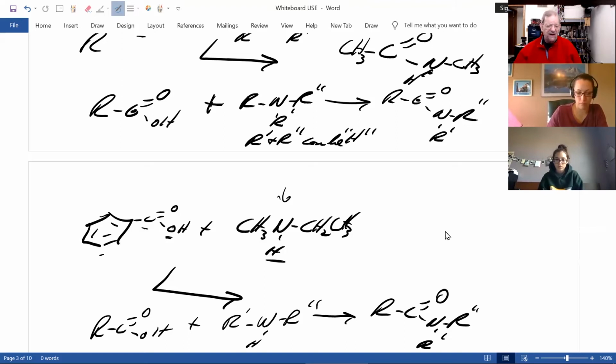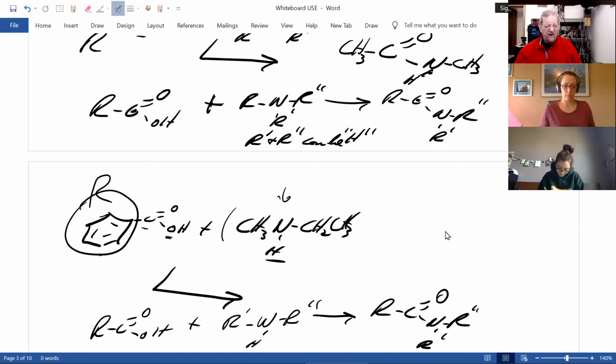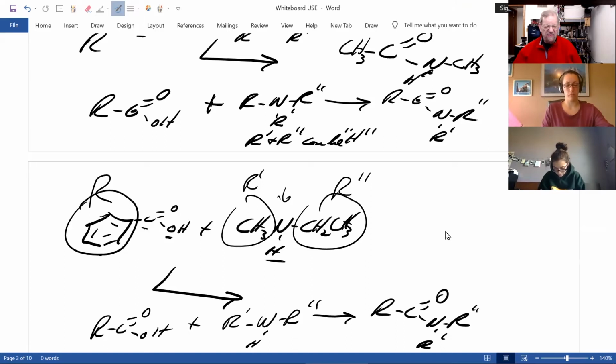And in this case, what's our R? Benzene ring. One of these I'll call R prime, doesn't matter which is which. The other is R double prime. Keep your eye on the carbonyl carbon. It becomes this carbonyl carbon. So I'll draw that.